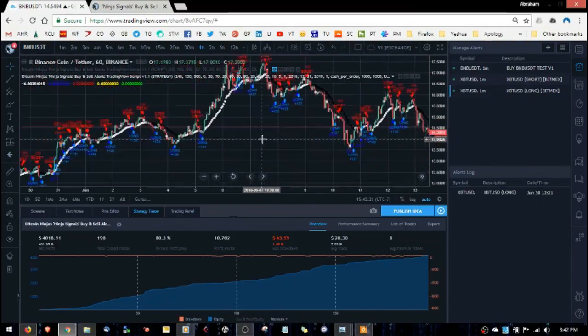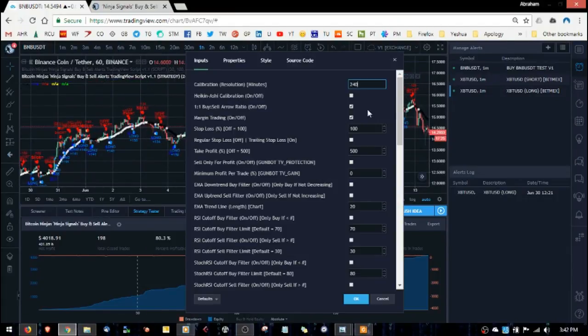With version 2, you're going to want to use regular candles, check the Heikin-Ashi calibration candle box, and if possible, it's best to try and find a calibration number that matches your candle setting. So if this was version 2 and I'm using 1 hour candles, I might try a calibration number of 60. That way they're matched up. Otherwise a number close to 60.